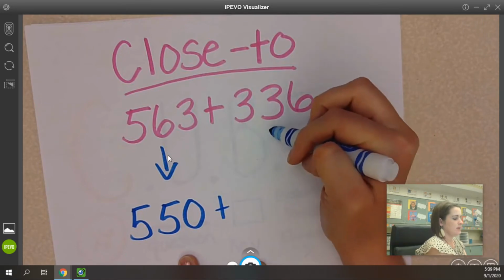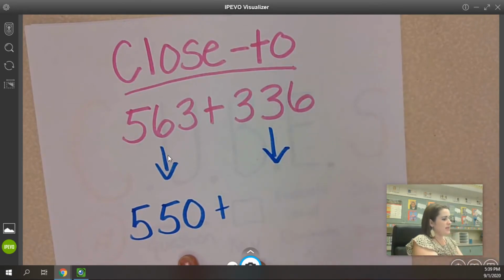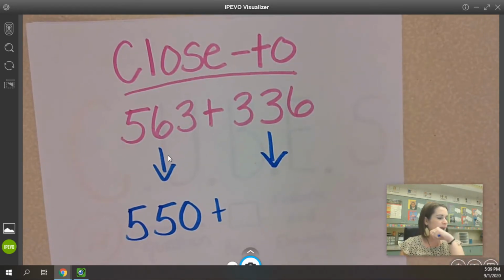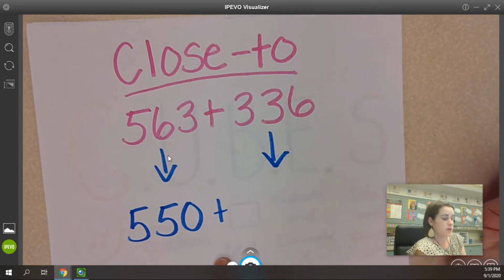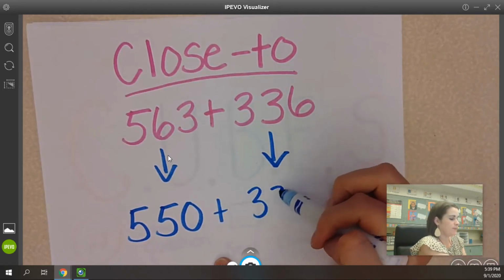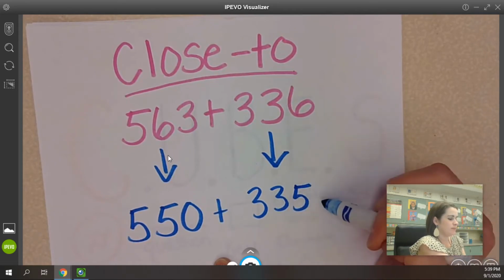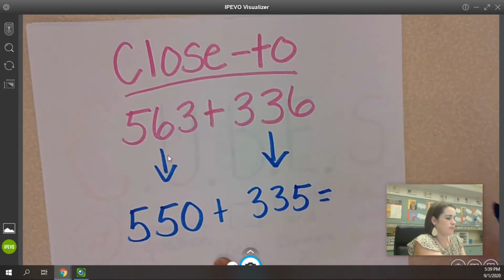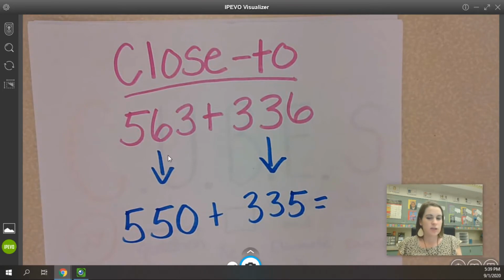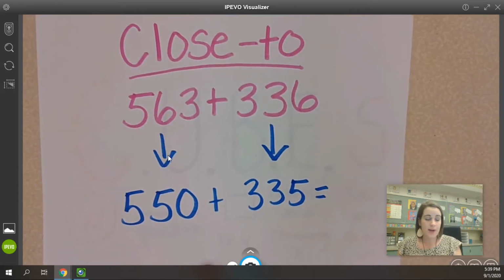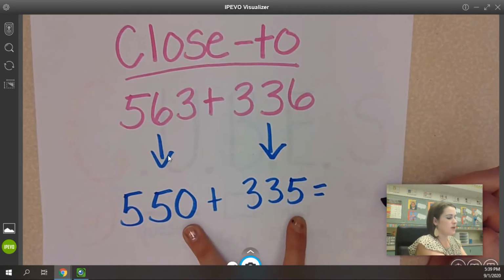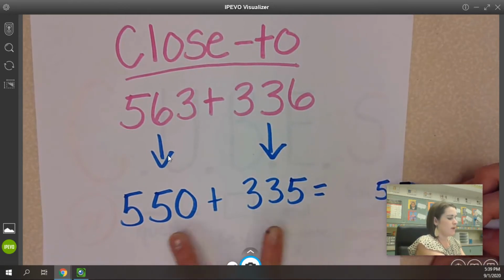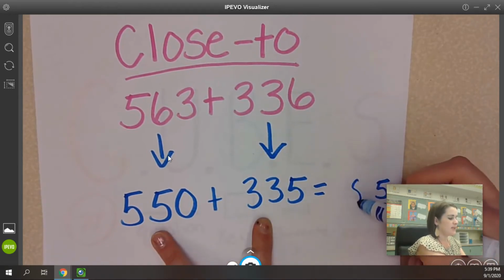Plus, an easier number to add here might be 335. So then if I add up my numbers here, I can add my ones. 5 plus 0 is 5. 3 plus 5 is 8.